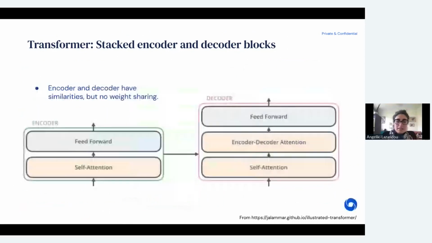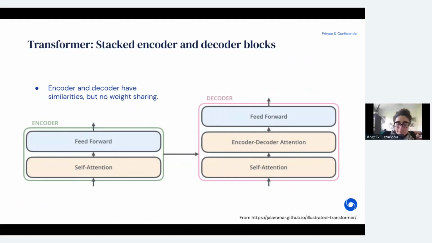Now, looking a bit deeper into how the encoder and the decoder look, we can see that the main ingredients for both of these blocks are actually fairly similar. So the encoder has a self-attention layer and a feed-forward layer.